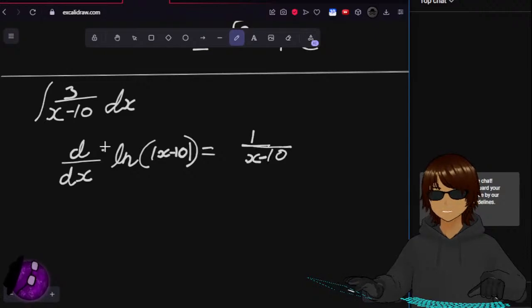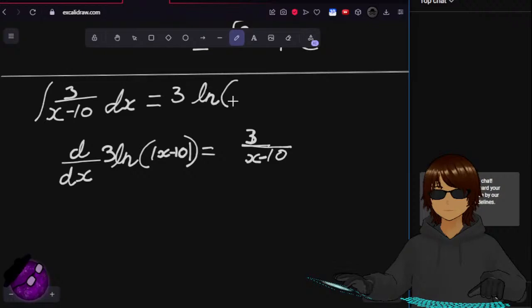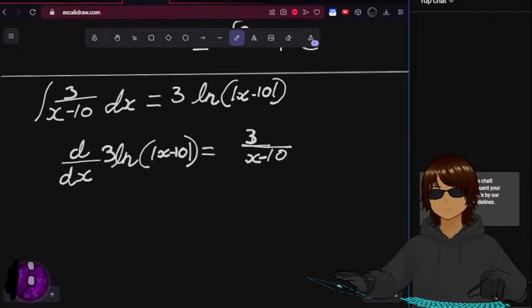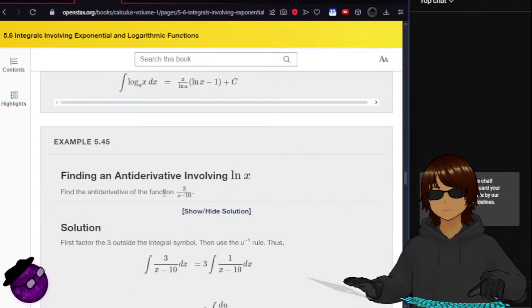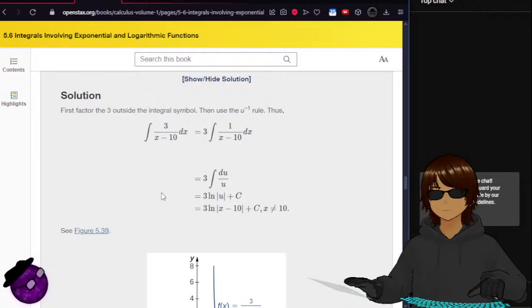What if I do 3? Since this is a constant, it can be taken out and placed back in after we evaluate. So this would be 3x minus 10 plus c.